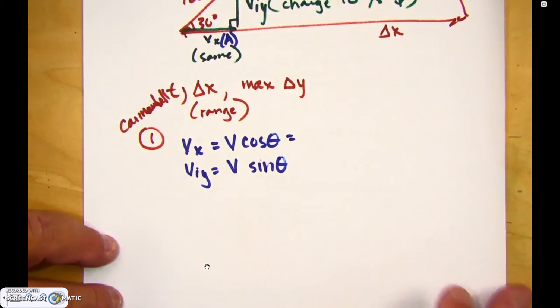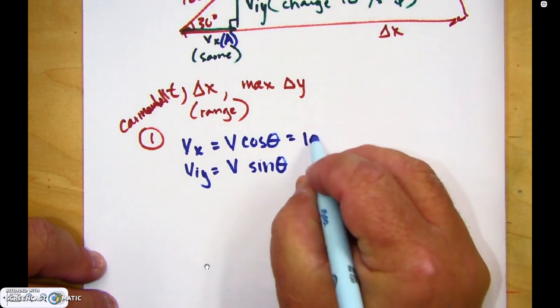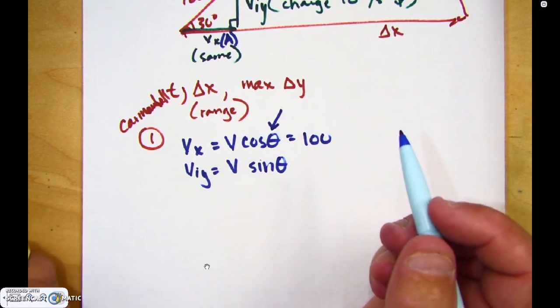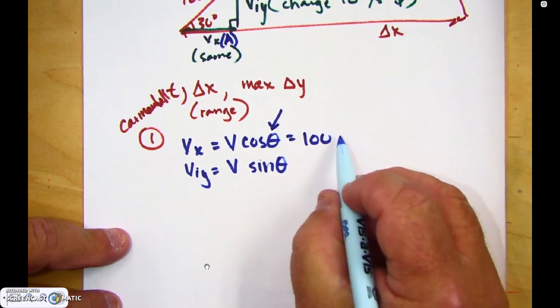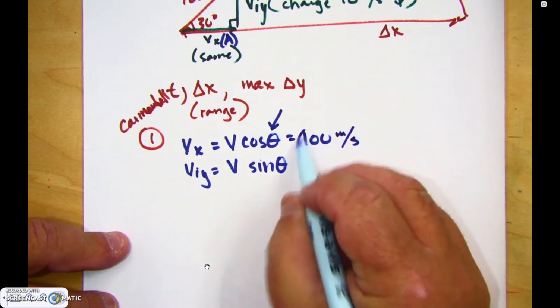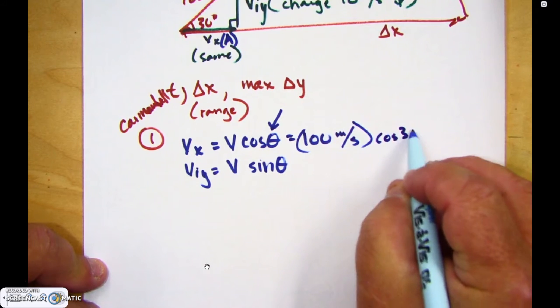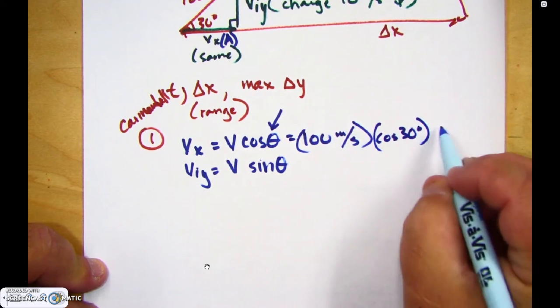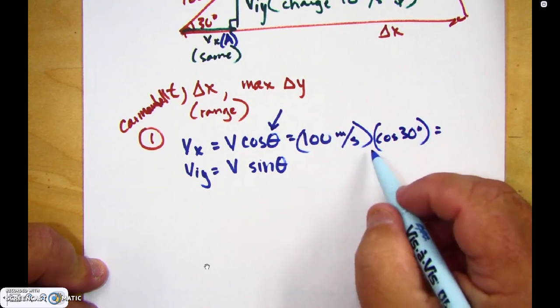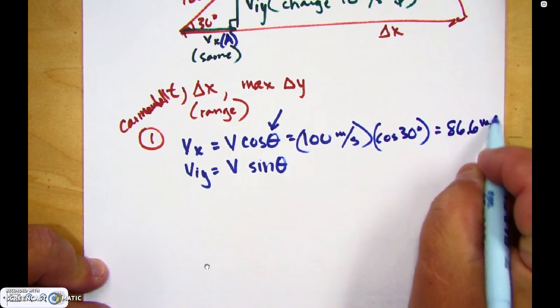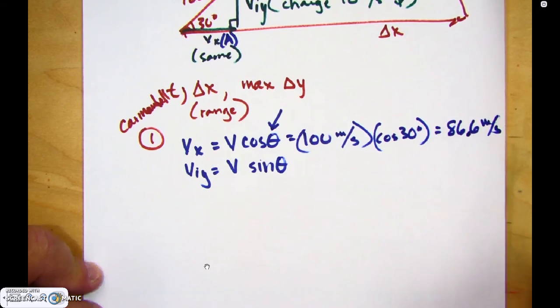Now, when we go ahead and solve it, this is generic. This is going to work for any cannonball problem. We have 100 meters per second times the cosine of 30 degrees. So it's 100 times 0.866, 86.6 meters per second. That is not going to change.